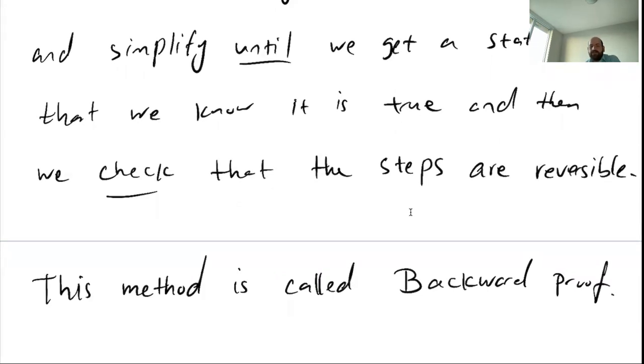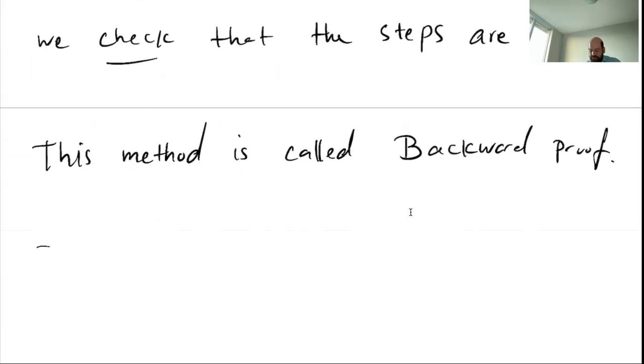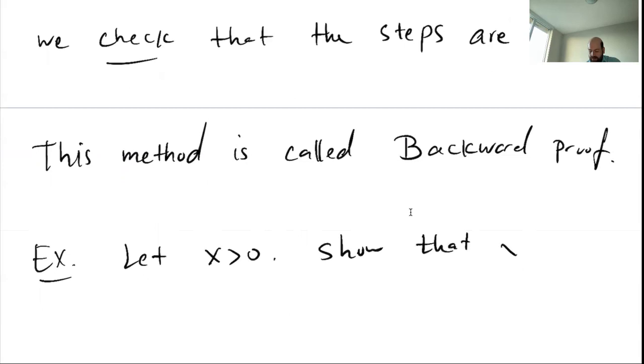Okay, so let's look at an example. Let x be bigger than 0. Show that x plus 1 over x is bigger than or equal to 2. This is a very interesting inequality in mathematics that says a number plus its reciprocal is always bigger than or equal to 2. You can think about some simple examples.